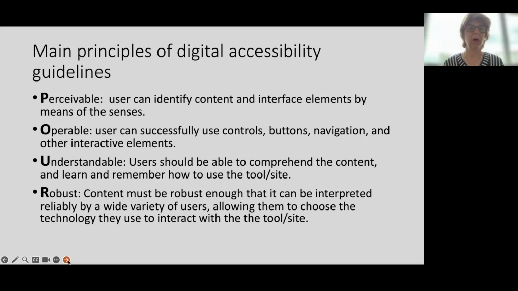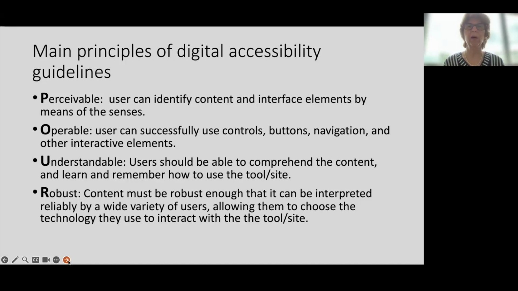They should be operable. In other words, the user should be able to successfully use controls, buttons, navigation, and other interactive elements. It should be understandable, so the user should be able to comprehend the content, learn and remember how to use these tools.